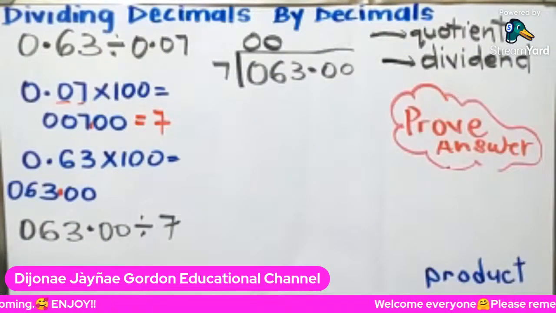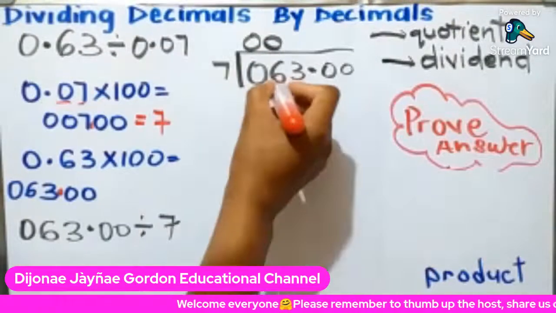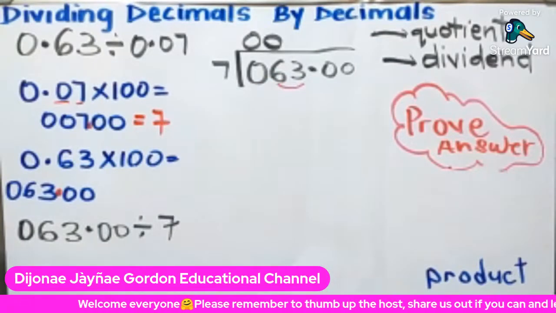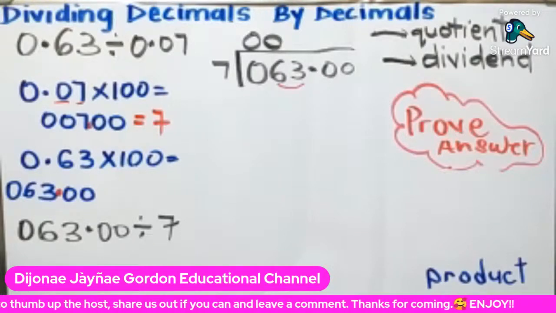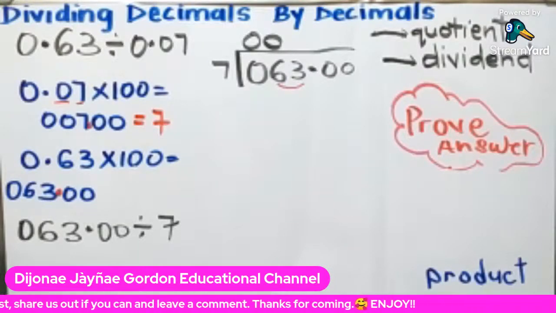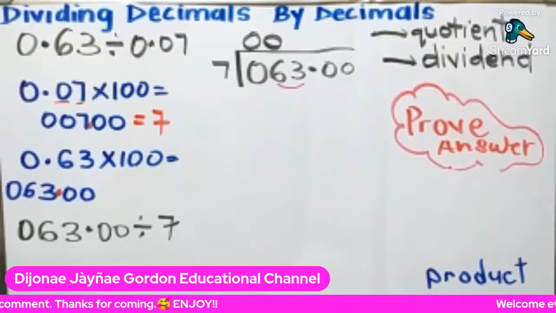So ask yourself now, how many groups of 7 can you get from 63? You can get 9 groups.